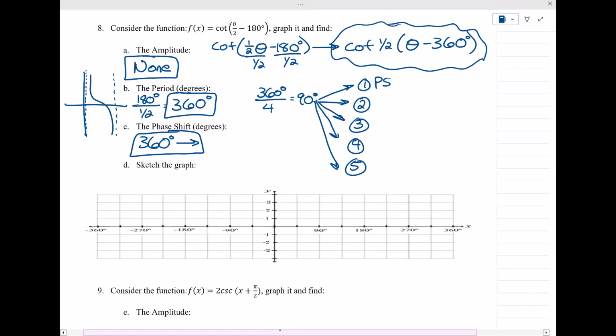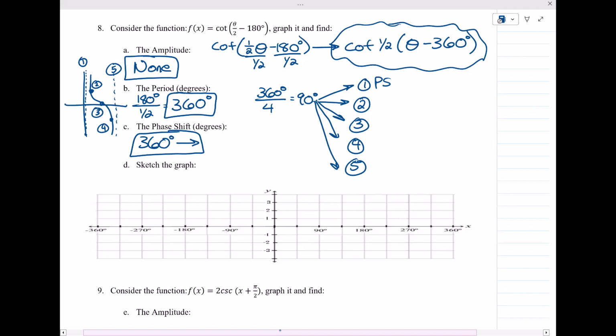So it looks like the first point is going to be an asymptote. Then we have this point, that's going to be the second. This will be third. This will be fourth. And then the asymptote will be the 5th point. We do have to know where these graphs start at 0, because that obviously is affected by the phase shift.